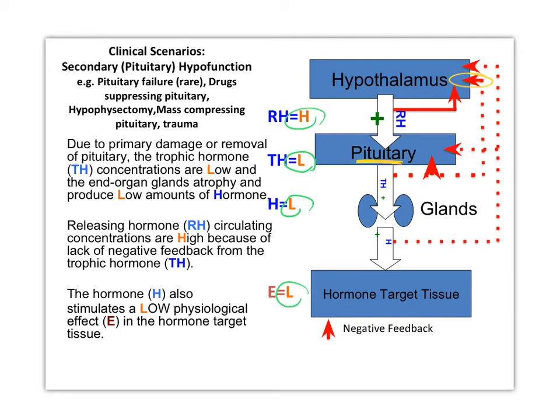So this is a situation, again we call it secondary pituitary hypofunction, where the primary problem, if you will, is at a secondary level, which means pituitary damage or inhibition, and as a result it feeds through the system. We have small glands, low amounts of hormone, and low hormonal effects.